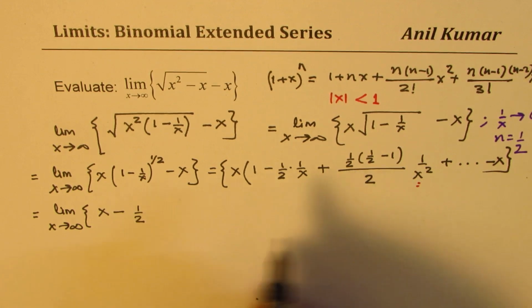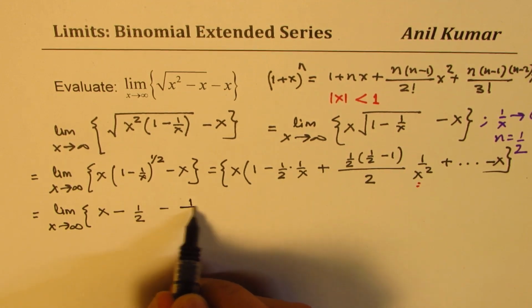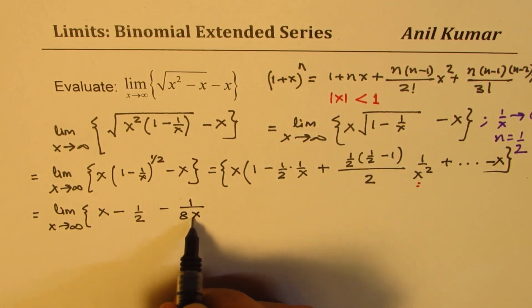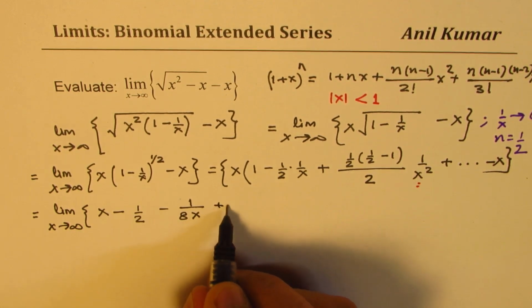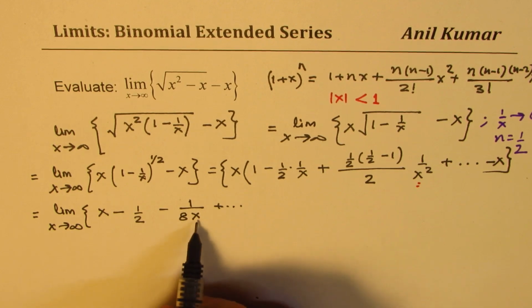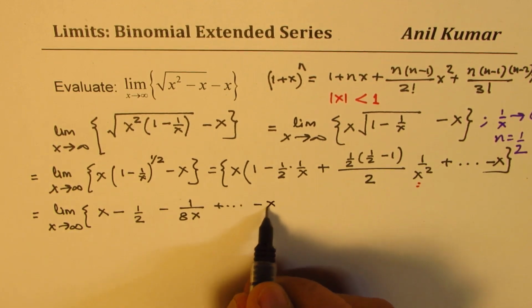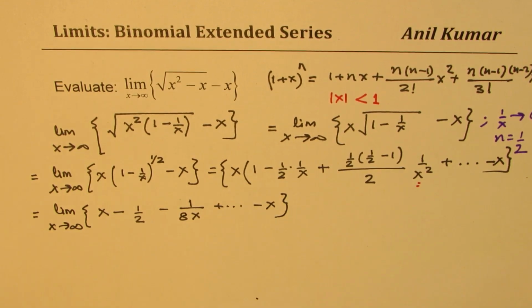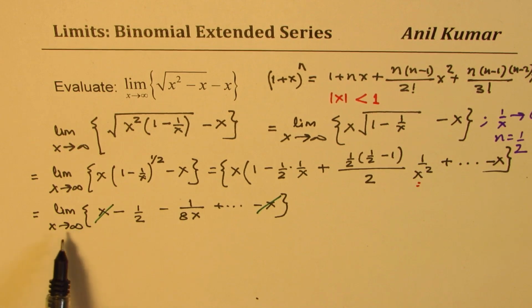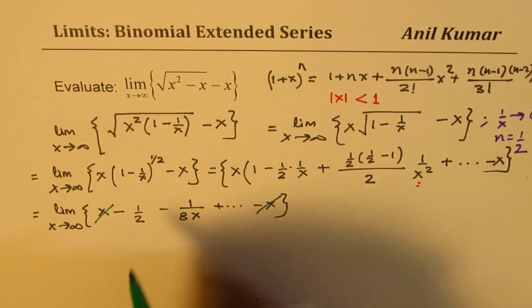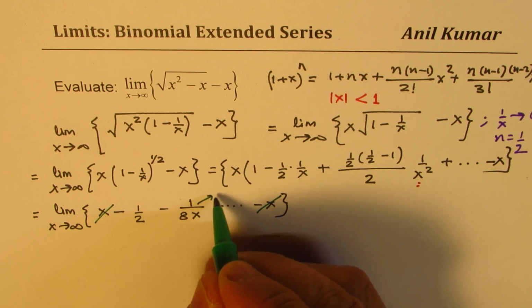So you get minus 1 over 8x, correct? When you multiply, this will be like this. And plus so on. I'm not writing other terms, because then the power in the denominator will be x squared. Minus x, so here plus x and minus x cancel. When x is approaching infinity, this approaches 0, right? So this term approaches 0.